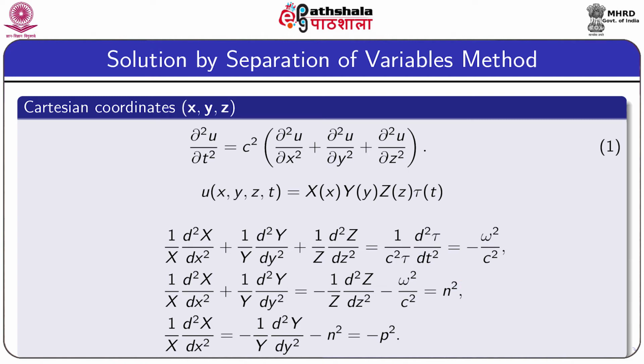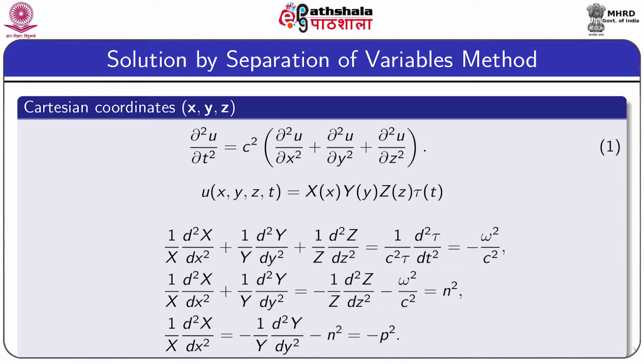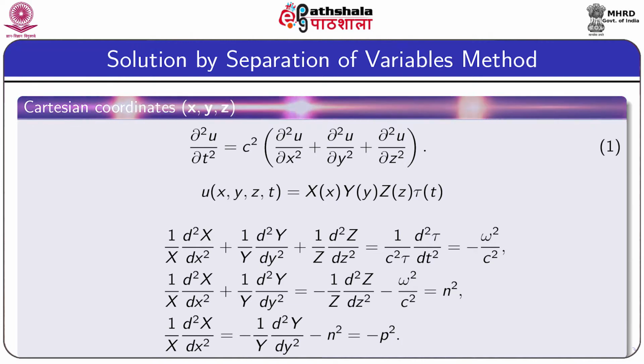Now using this separation constant, we again separate the function of z from the function of x and y, and that is written in the second line: 1 by X d2X dx square plus 1 by Y d2Y dy square equals minus 1 by Z d2Z dz square minus omega square by c square.